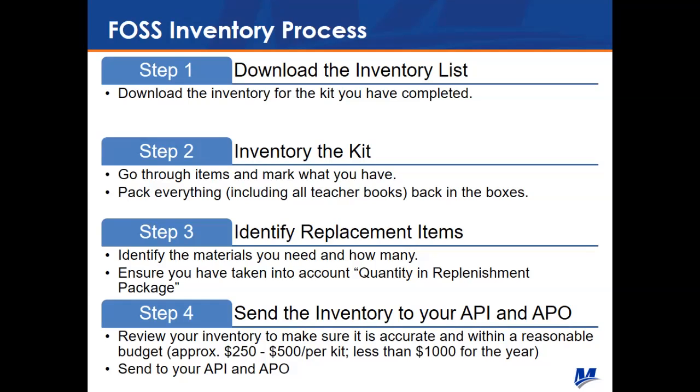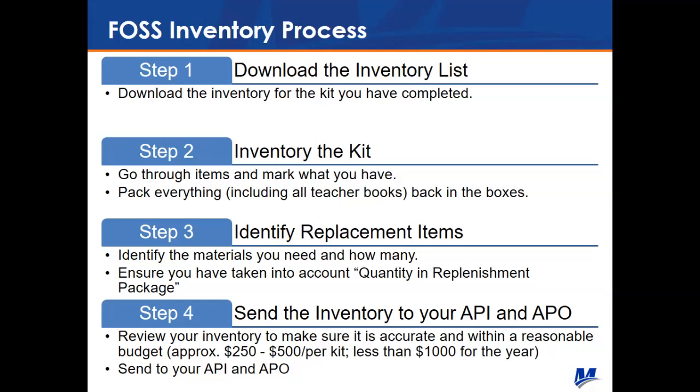However, the cost to replenish most kits should be about $250 to $500, and a single teacher shouldn't be spending more than $1,000 for all of the kits in one grade for 1 year.